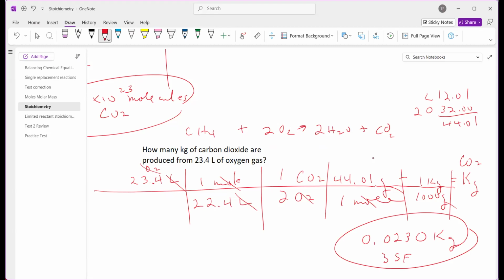So I call this simple stoichiometry because limiting reactant is not simple.